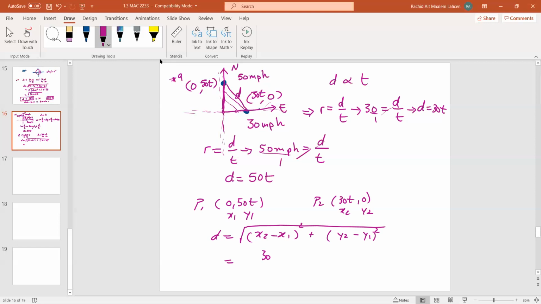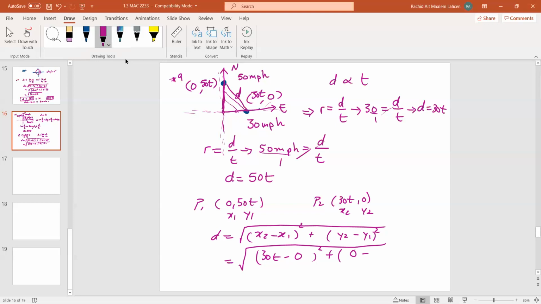x2 is 30t minus 50t... squared, and y2 is 0 minus y1, 30t minus 0. It's good to have the eraser to fix the mistakes.